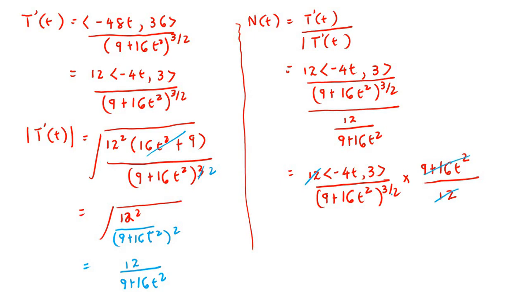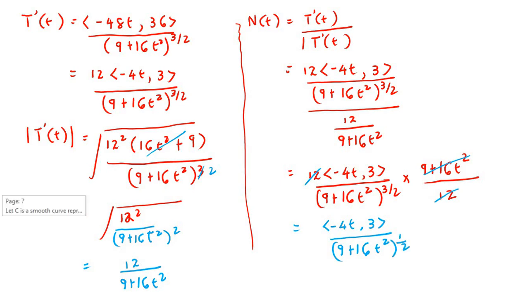So this is power 1, simplify with here, you are left with power half, since 3 over 2 minus 1 becomes half. So lastly, your answer is negative 4ti plus 3j, divided by 9 plus 16t squared power half.